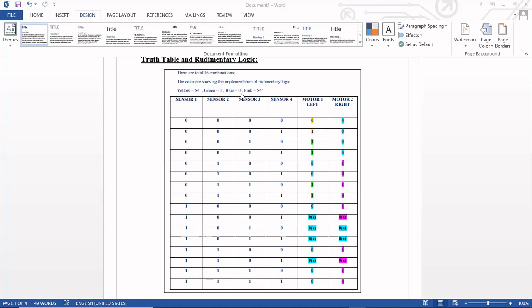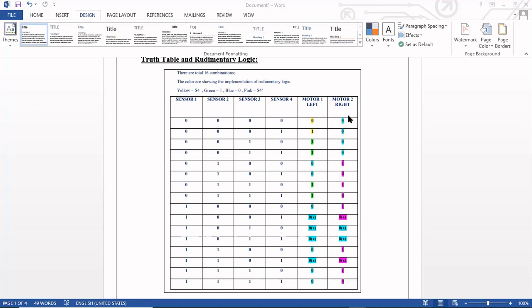For the next pair, we have 0, 1, but here we have 1, 1, so it is 1 and represented by the green color. Again, there is 0, 1, and at the output, we have 0, 0, which is represented by the blue color. For all the next pairs, there is 0 at the output, represented by the blue color.